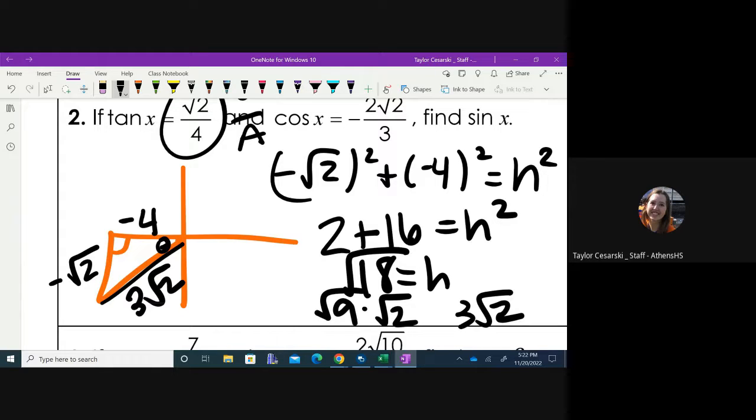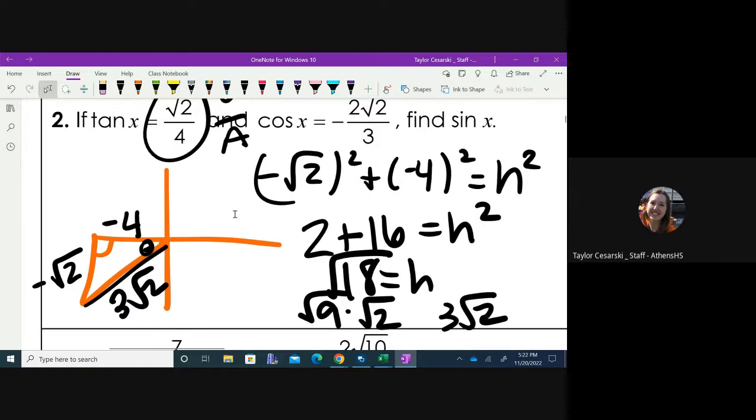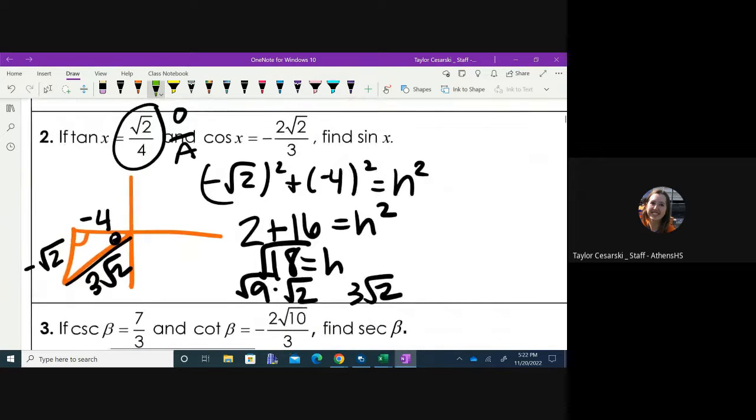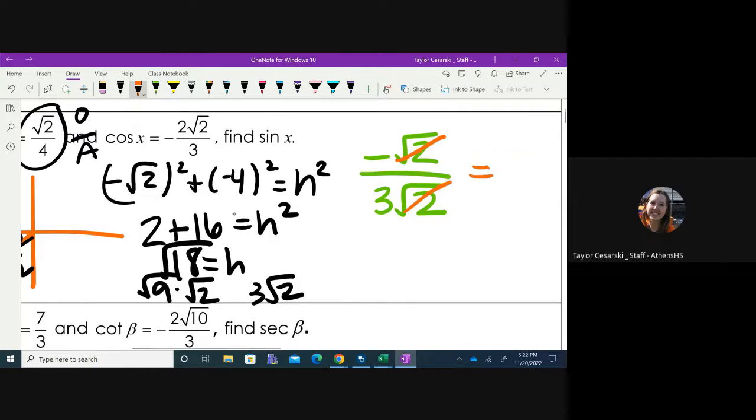Remember, your hypotenuse is always positive. All right, so then what I can do is find sine of x, which is opposite over hypotenuse. So opposite is negative square root 2 over hypotenuse is 3 square root 2. Now I can cancel out my square roots of 2, so it's just -1/3.